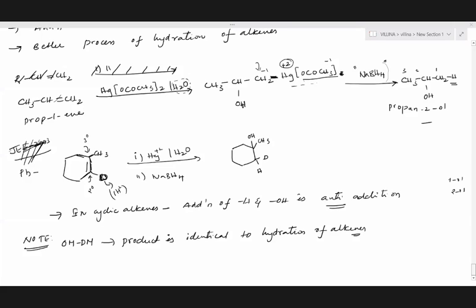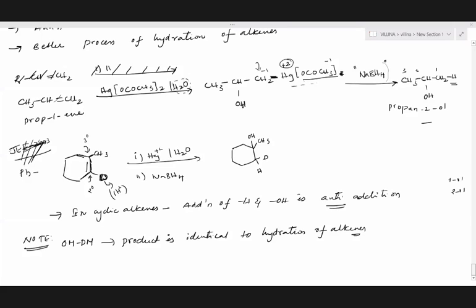Both the hydration reaction using mercuric acetate, that is Hg+2, followed by the reduction process, will give us secondary alcohols only. So the main point for this note is there won't be any difference in the product. Only thing is they give better yields. That's what we mean by a better hydration than the previous reaction.